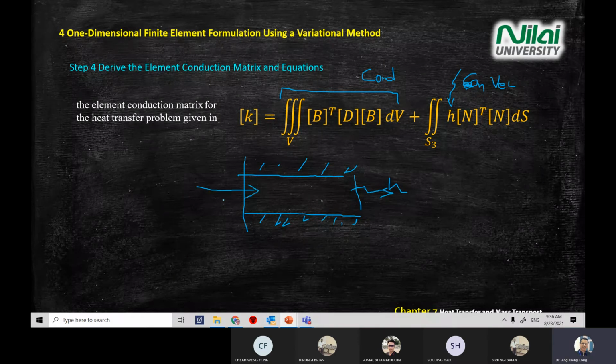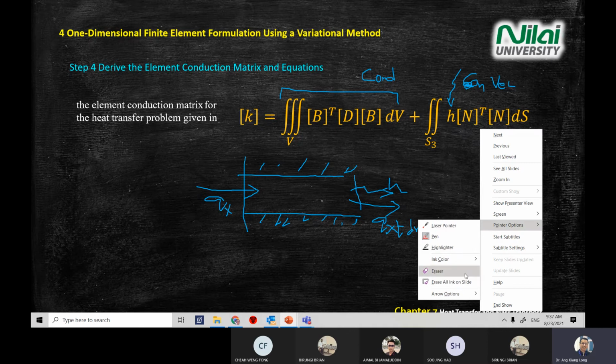So the Q will come in, Qx, and come out, Qx plus dx, plus h. So you have this equation. If there is no convection, then you don't need to calculate this component. But normally, if you have an opening, then you need to include the convection factor there.